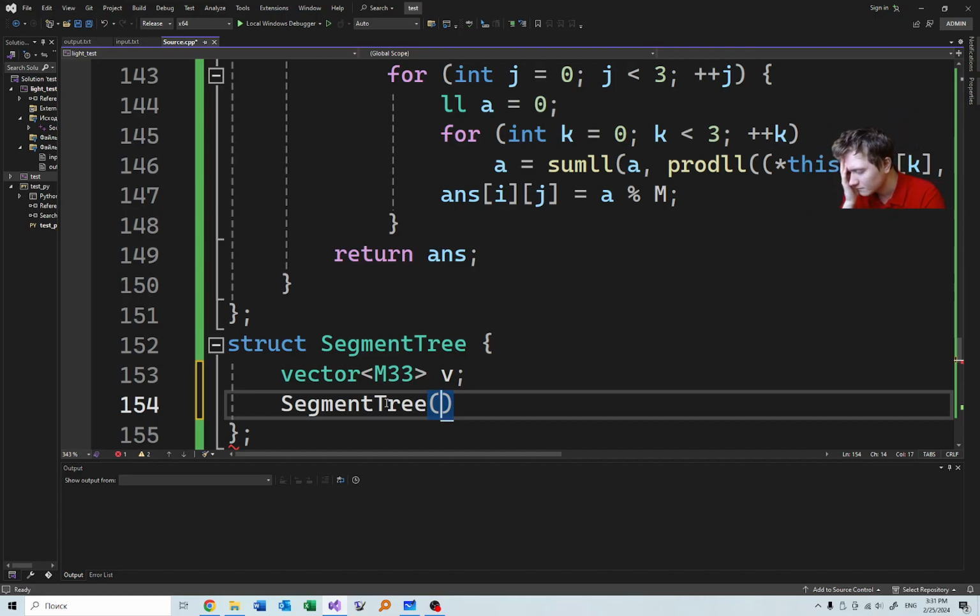Segment tree. Actually, it's not trivial.